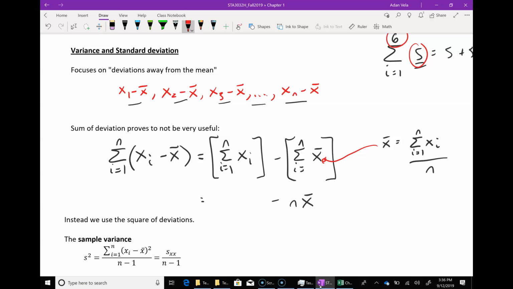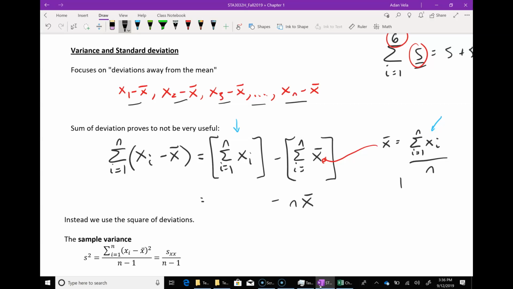We can use that same equation to tell us what this summation is equal to, just by noticing that what we have written here is effectively the numerator of that fraction.